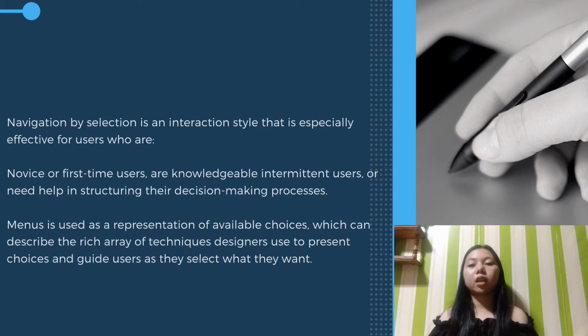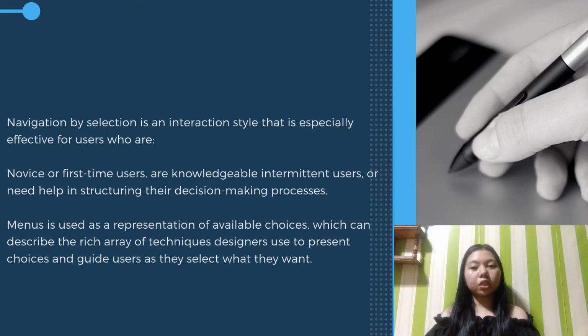Careful design, keyboard shortcuts, and gestures allow expert users to navigate quickly through large information structures. These strategies can be used in combination with command languages to help users transition smoothly from novice to expert.